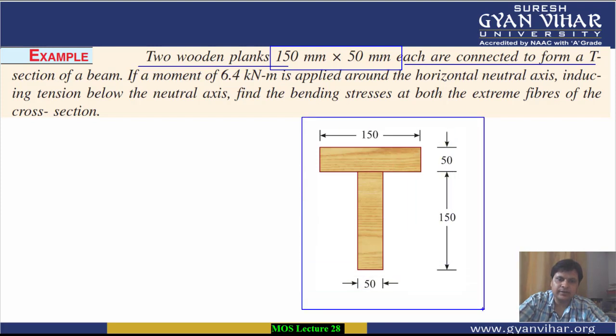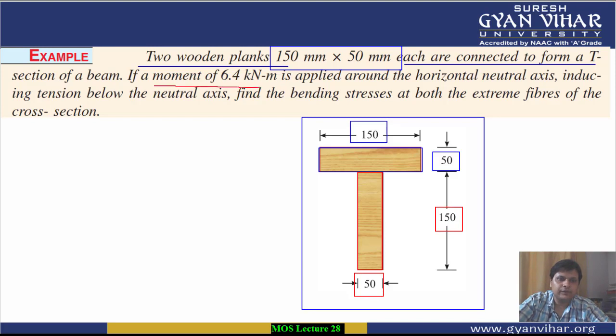This is the T section. Dimensions are already given in this diagram. The values of this particular rectangle are 150 and 50, and the values of the next rectangle are also given to us as 150 and 50.